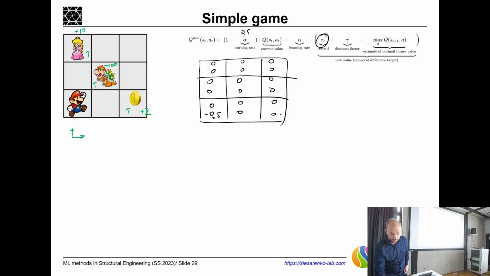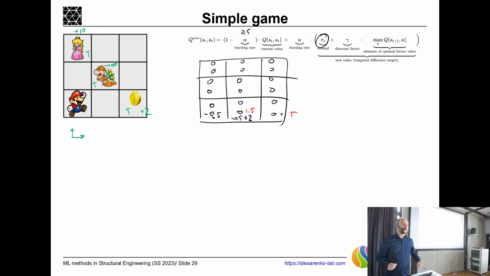We go right and ba-bam, we have +2 because we get the reward for this terminal state. So what will happen with this state in this case? We go right, we get -1, with a learning factor of 0.5. So we have minus 0.5 plus 2, the reward that we get. So this state right now, I will do it in red, is 1.5.